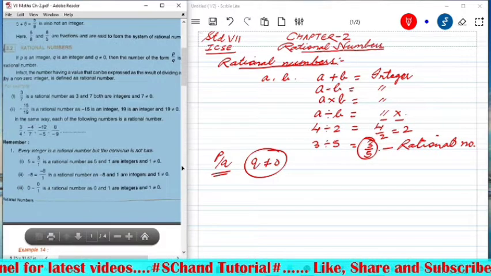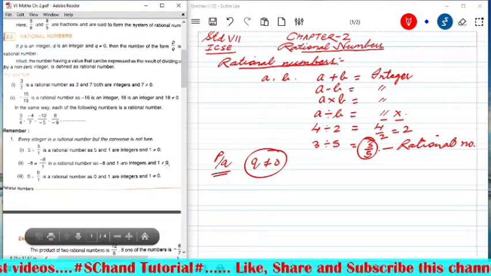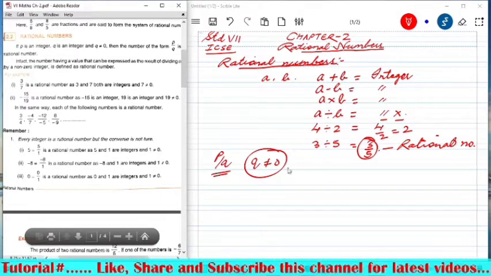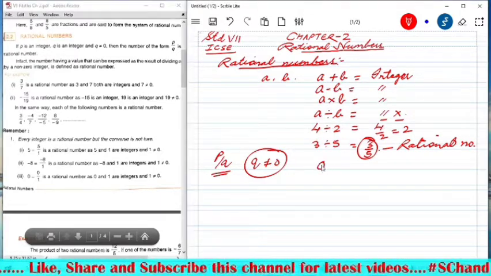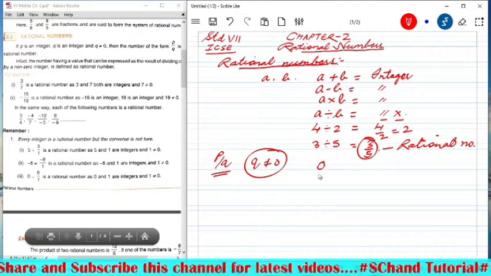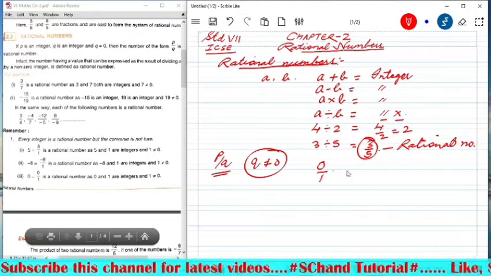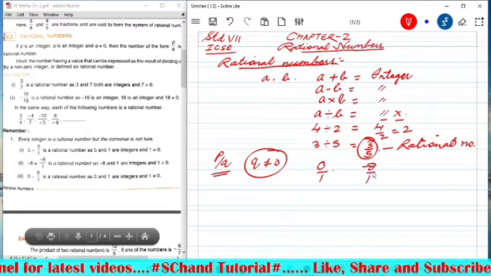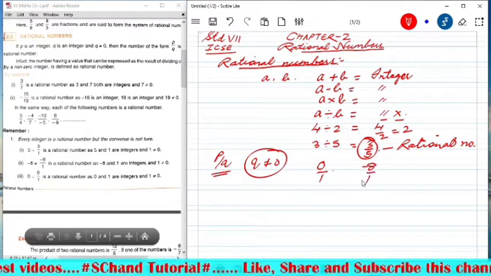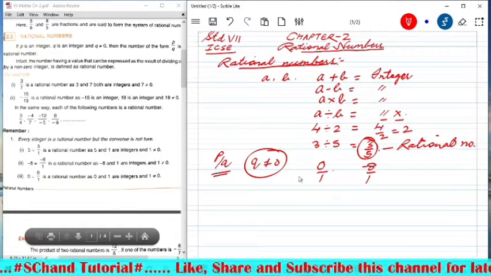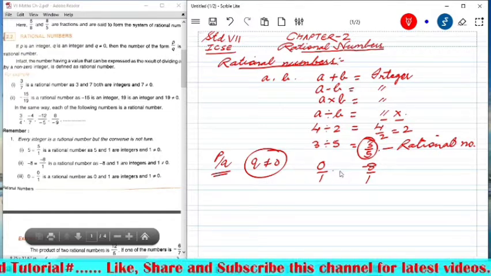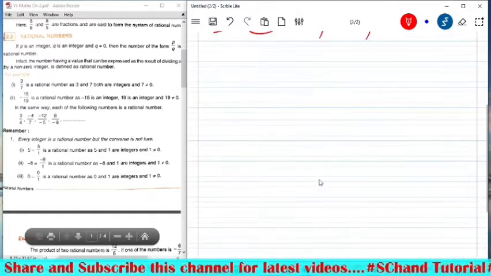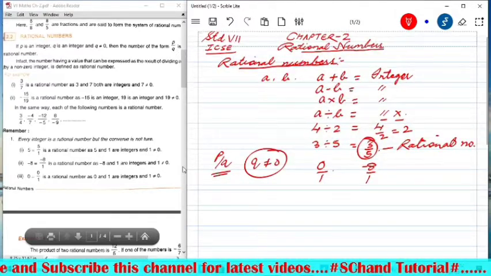Every integer is a rational number, but every rational number is not an integer, so keep that in mind. 0 is also a rational number, because we can write 0 over 1. Minus 8 is also a rational number, minus 8 over 1.